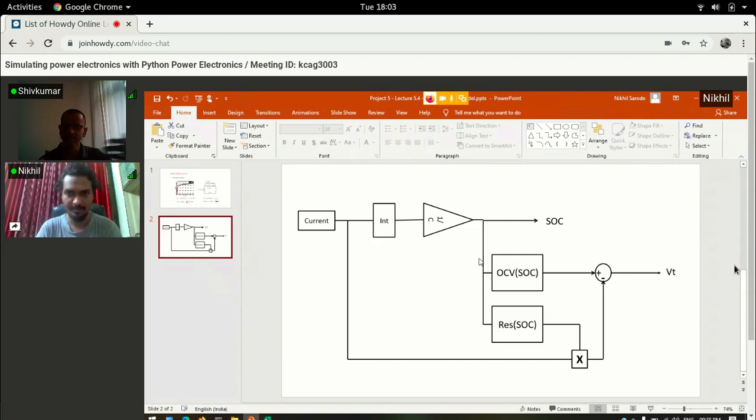If the current reverses, the battery is charging, and in that case this integral will result in an increase of charge. So you will have to add a summation there and put in the initial state of charge.